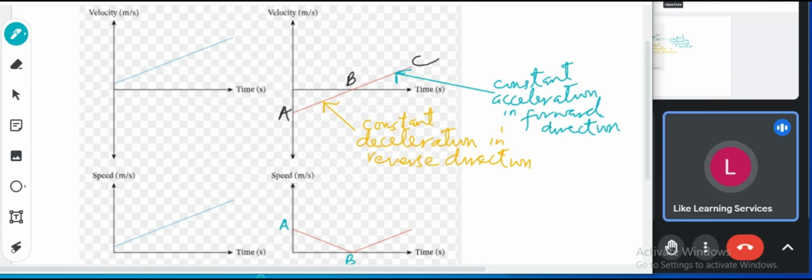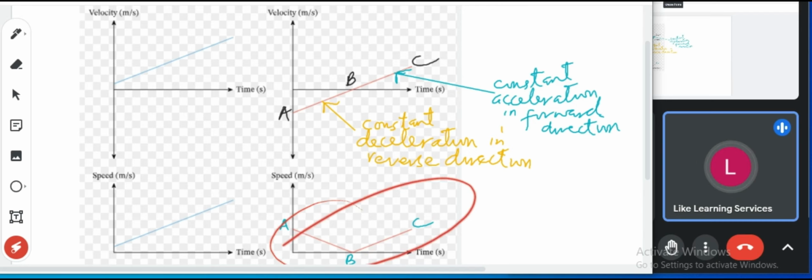Then to C. So A to B is constant deceleration, as you can see, and B to C is constant acceleration. Now, because speed has nothing to do with direction, all of them are above the time axis. Whether above or below, they are all on one side. That's all I need you to take note of.